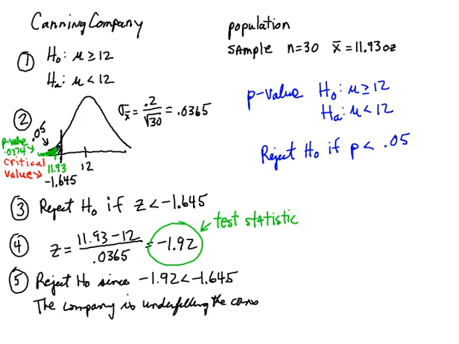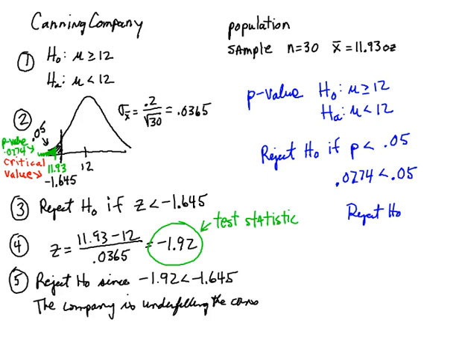That's the probability of getting anything less likely than the 11.93 if the 12 is the actual population average. And that's pretty small. So in running the test there, I have 0.0274 is less than 0.05, and reject H sub 0, and draw the same conclusion. The company is underfilling the cans.